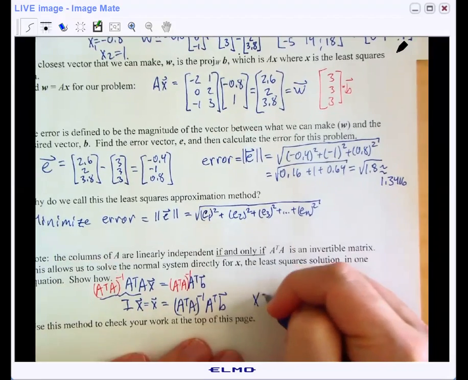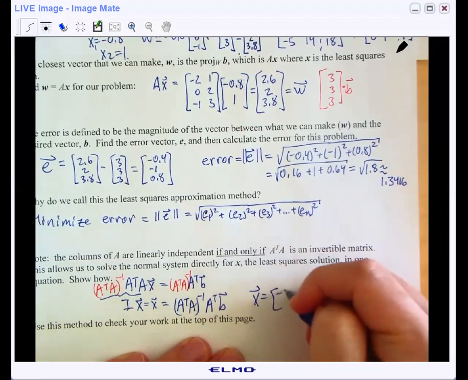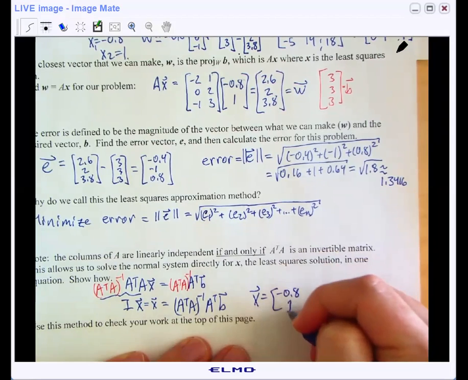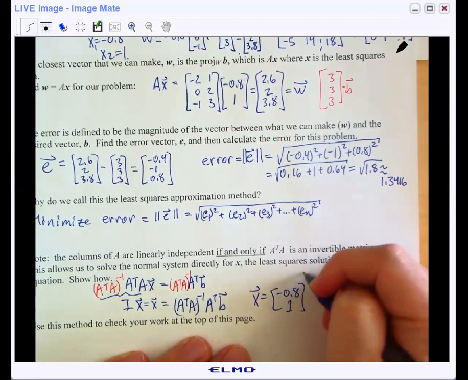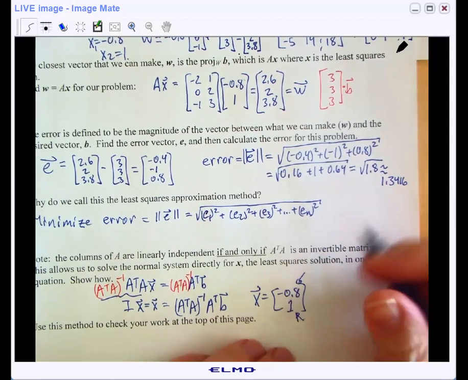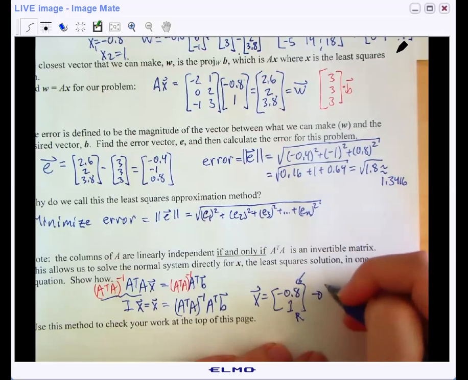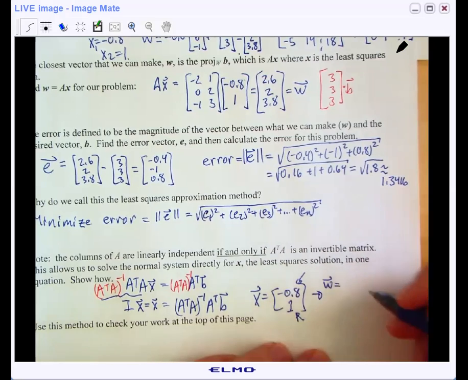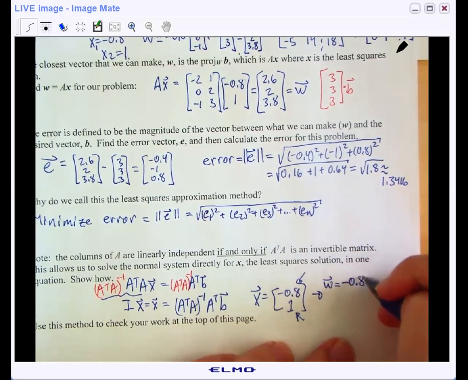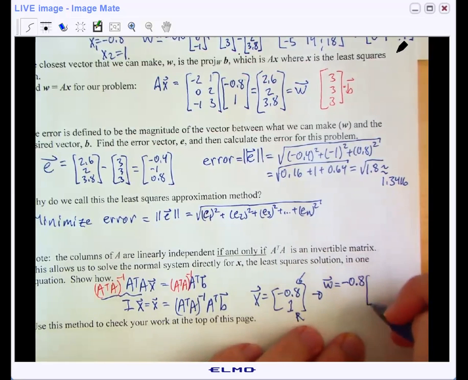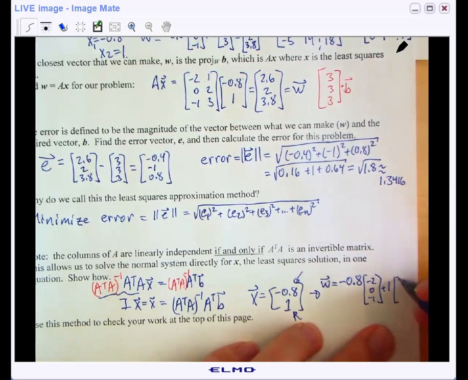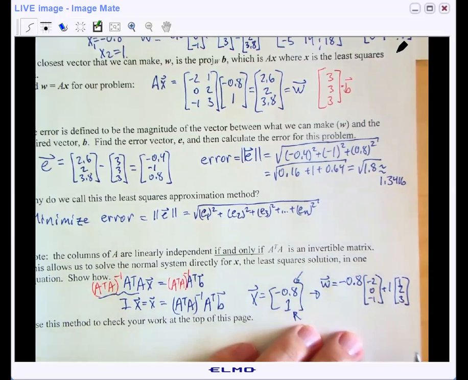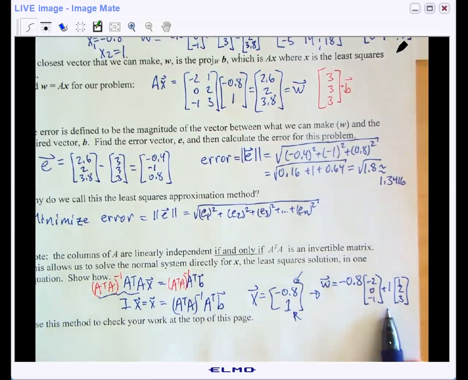So X vector is -0.8 and 1. And once again, these tell us the coefficients to make the vector that's the closest. So -0.8 times column vector 1 plus 1 times column vector 2. Whoops, 1, 2, 3. And that will give me the vector that's the closest to the desired vector 3, 3, 3.